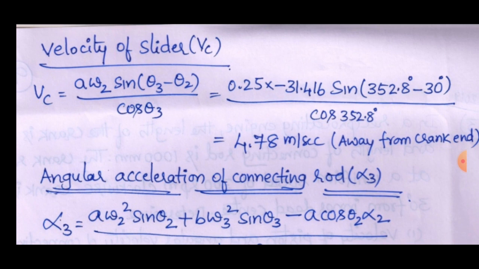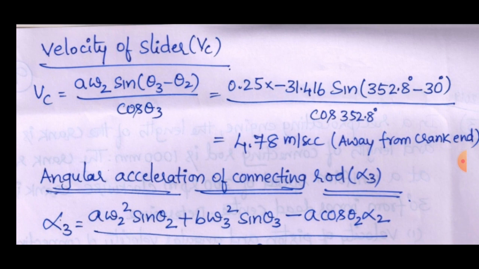If I substitute all the values which I know, I am going to get 4.78 meters per second. This value of velocity is positive, plus 4.78. Therefore, in the bracket, the slider is moving away from the crank end because it is positive. If it is negative, towards the crank end.